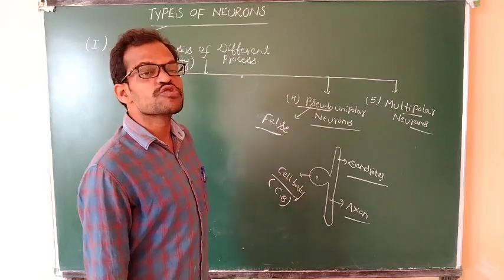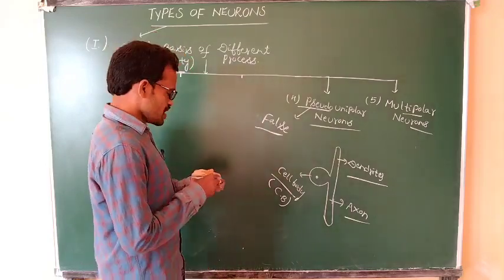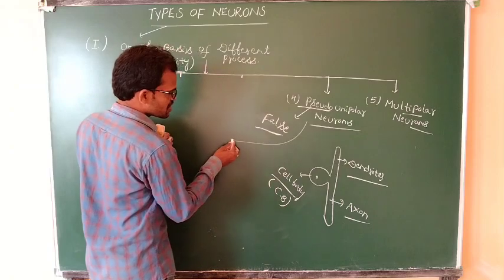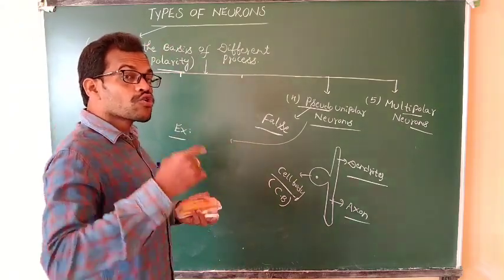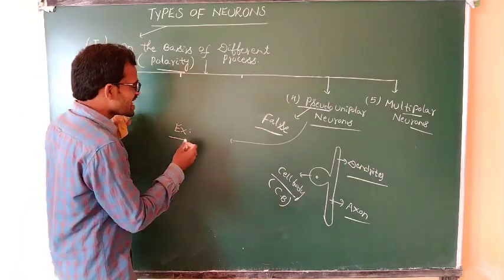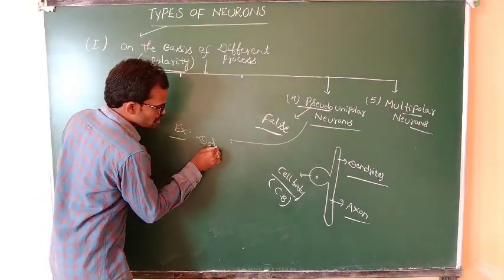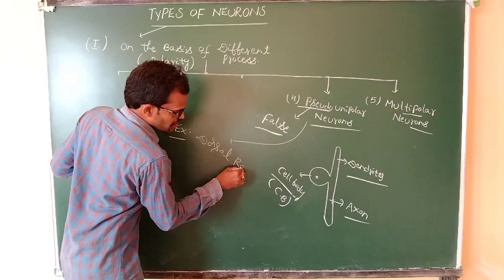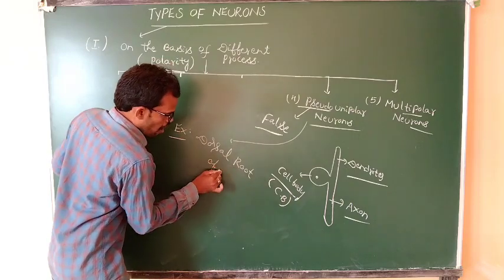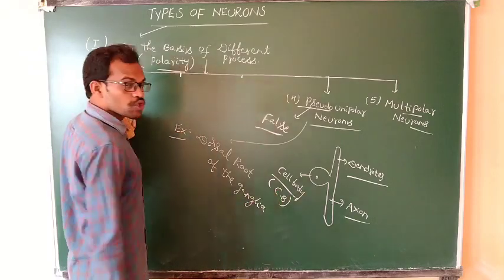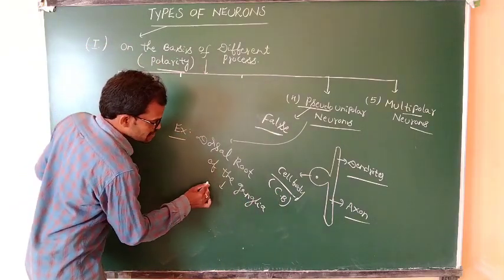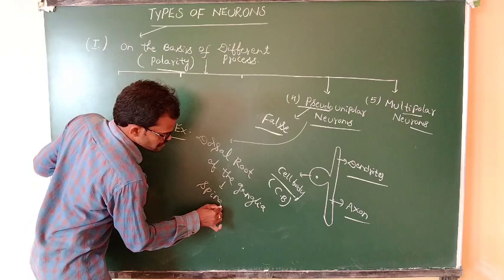This type of neurons is present in the, what is the example for this? Pseudo-unipolar neurons are found in the dorsal root ganglia of the spinal cord.